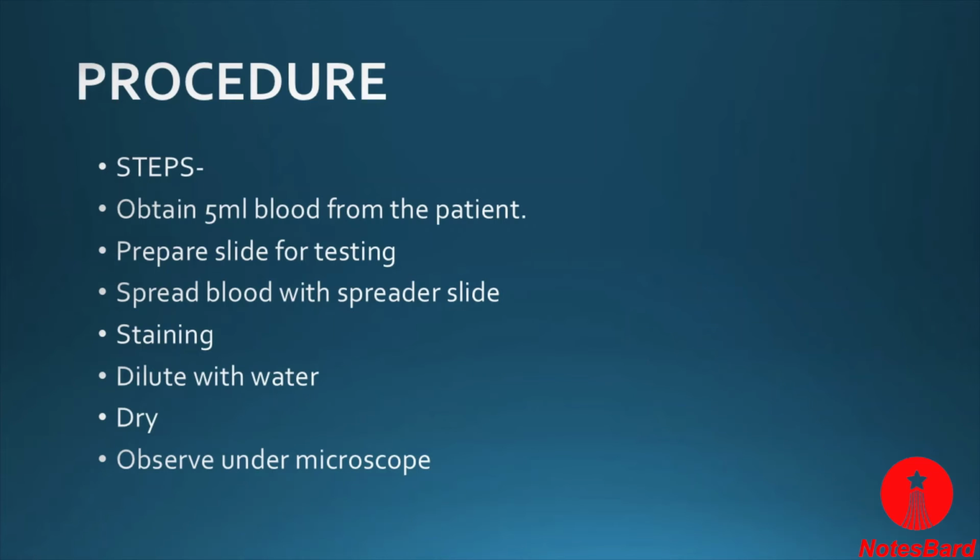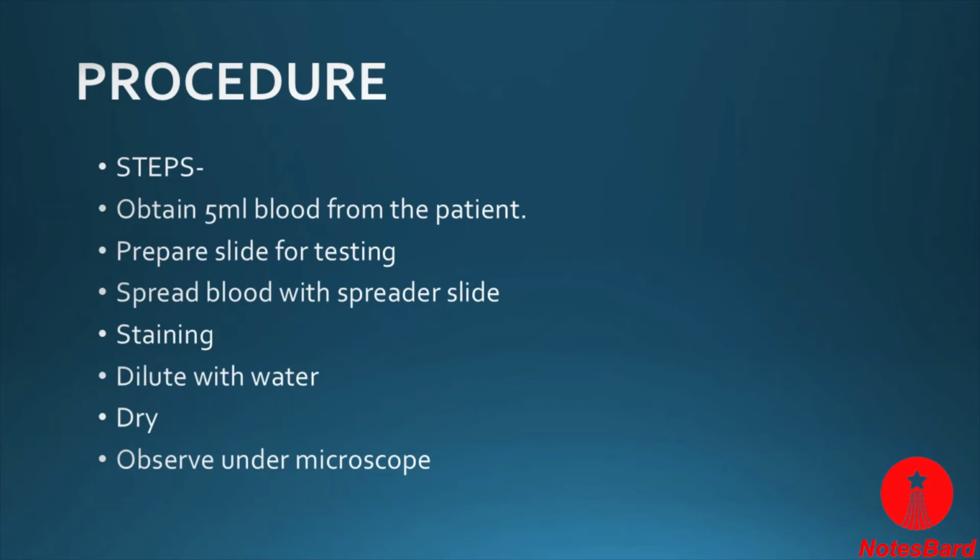Now the next step is staining of this blood sample. The dried smear is fixed with methanol or ethyl alcohol and then stained. The smear is covered with the stain for approximately 10 minutes, and after that it is diluted with water. After the dilution, it is allowed 10 minutes for the cells to spread properly thin, and then it is dried.